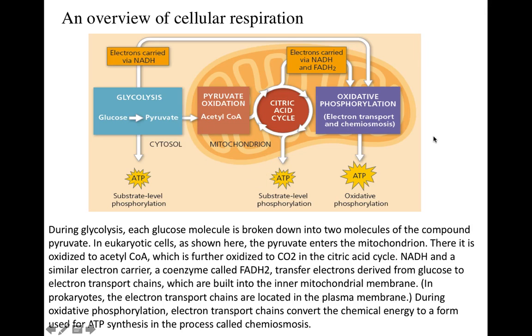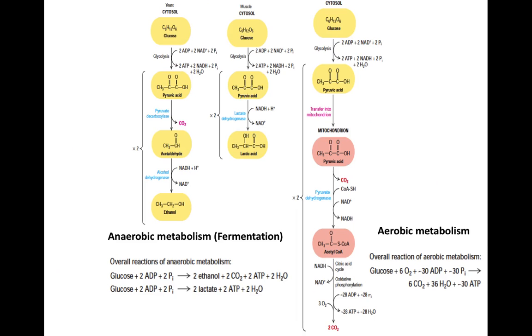So the net yield, what we have actually produced from one glucose molecule, is believed to be around 29 to 30 ATP molecules per glucose molecule.